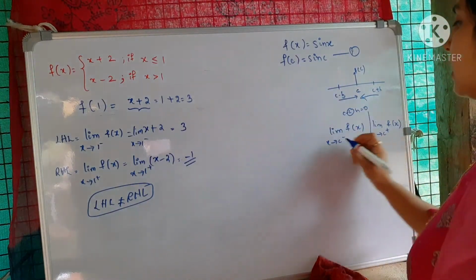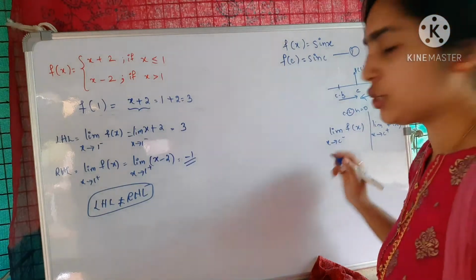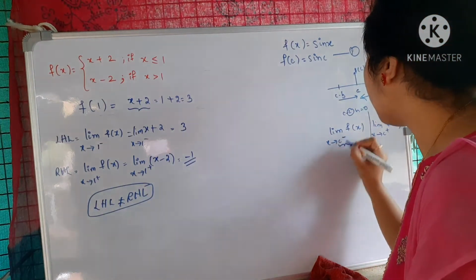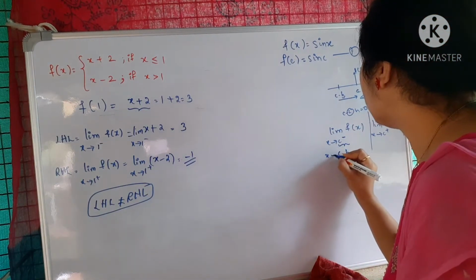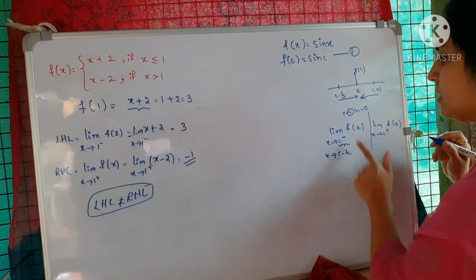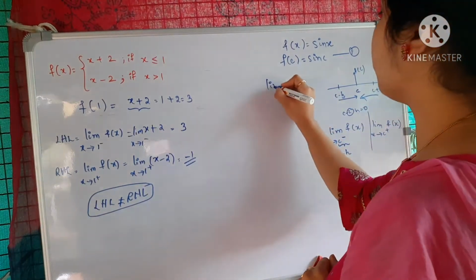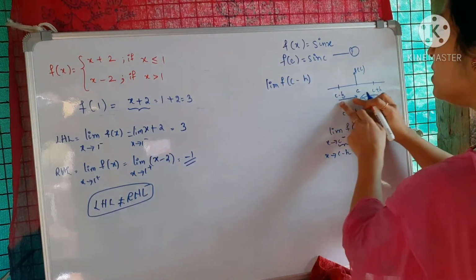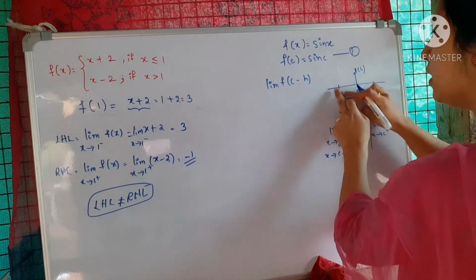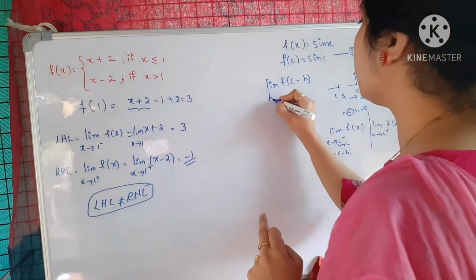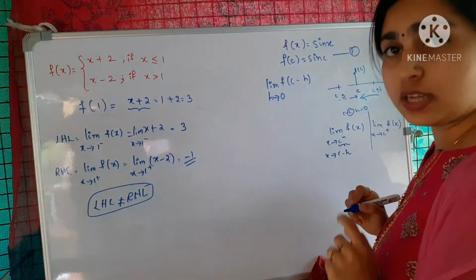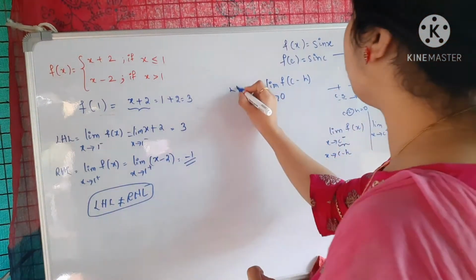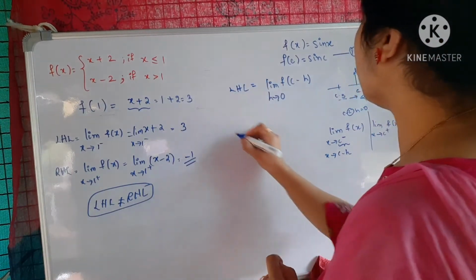For the simplification purpose, just remember this c minus h. So x I will be replacing by c minus h, f of c minus h. But here what happens? c minus h becomes c when h approaches 0, right? This one will be your left hand limit.